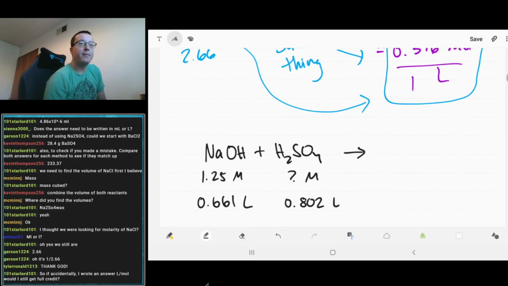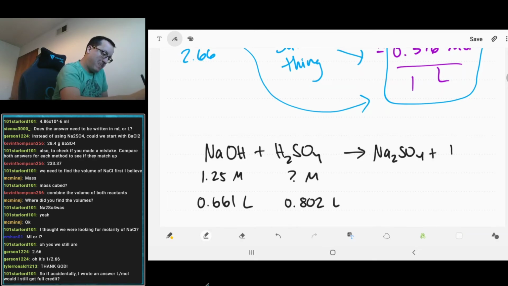Okay. Cool. Double displacement reaction, right? Nothing too crazy here. Products. I'll do for you, and look, I'll even balance it for you too, because I'm just so generous. Lucky us.